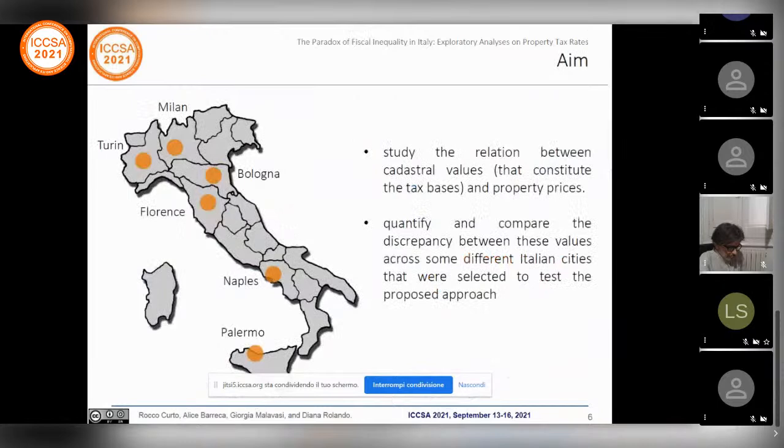The objectives of this research stand on two important issues: to study the relation between property prices and the cadastral values, which determine the amount of property tax, called IMU in Italy, and to quantify and compare this discrepancy across some different Italian cities that were selected to test the proposed approach.